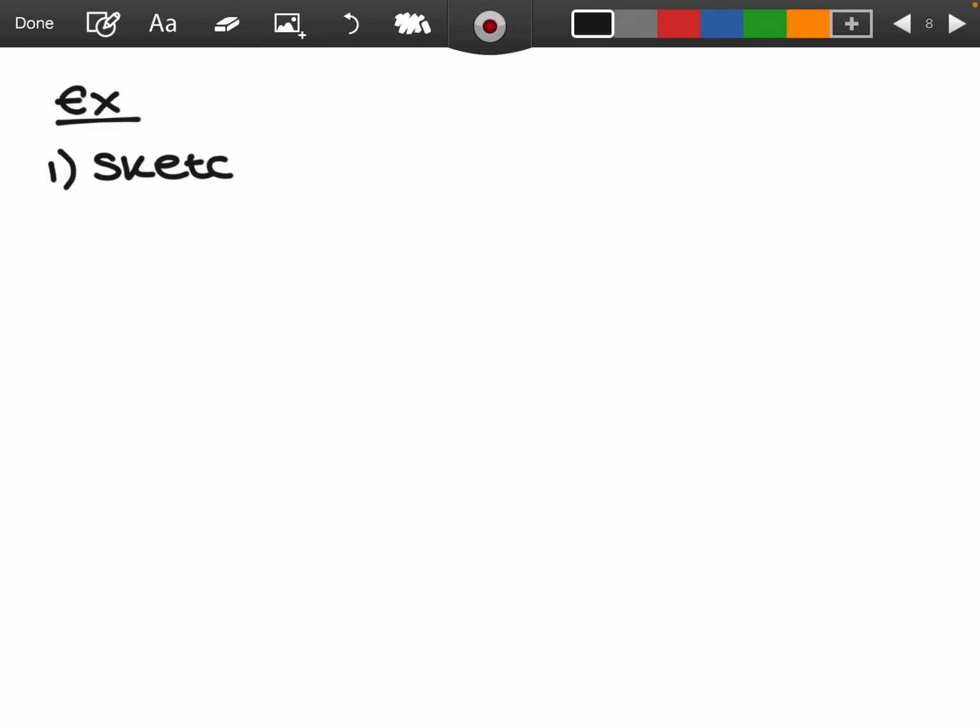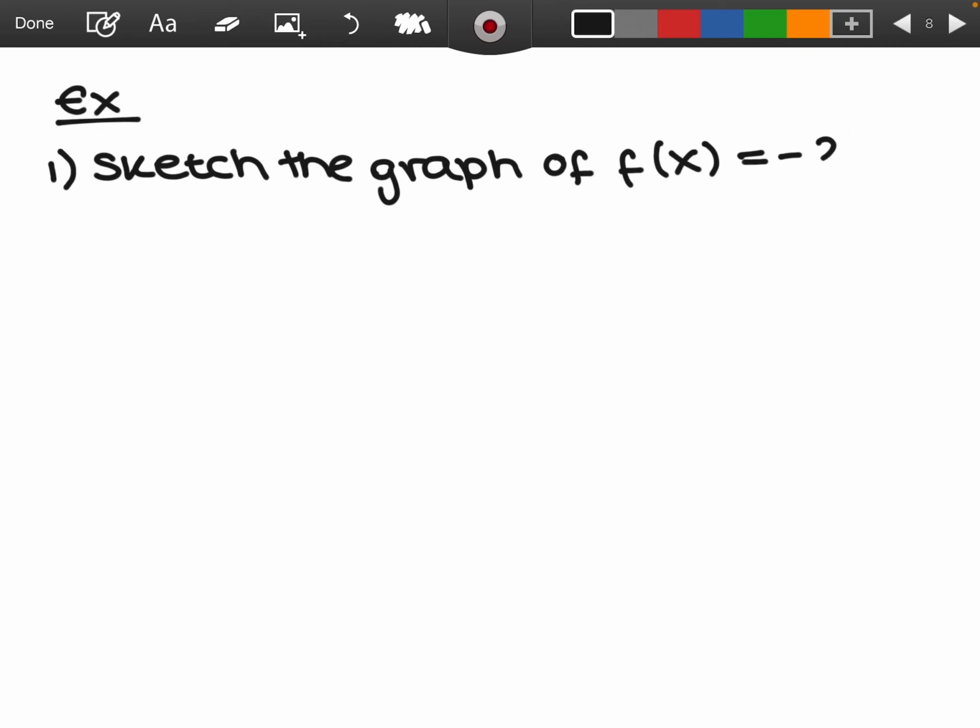First example I want to look at is to sketch the graph of f of x is equal to negative 2 to the x plus 4. So I've taken my exponential function 2 to the x, then I've got a negative in front of that.